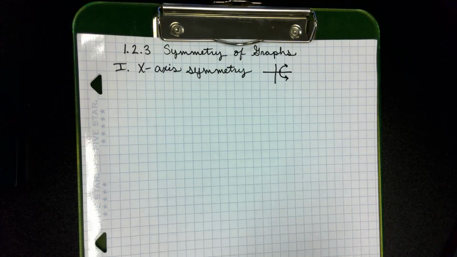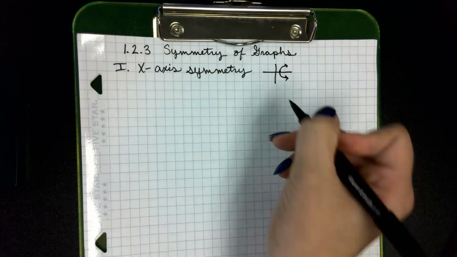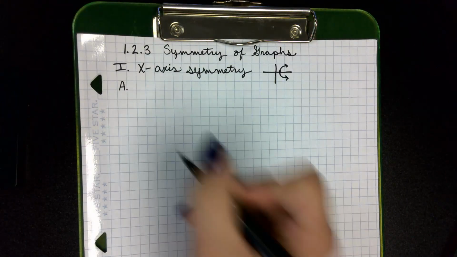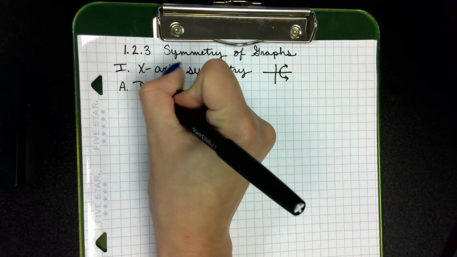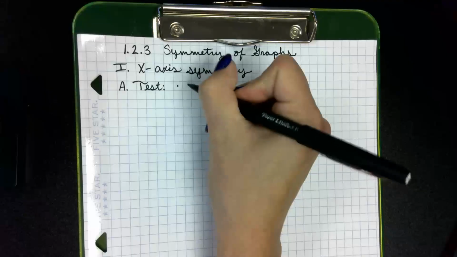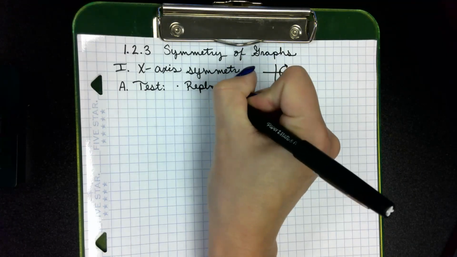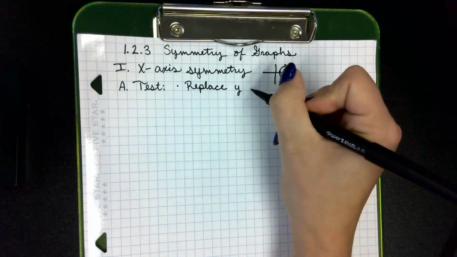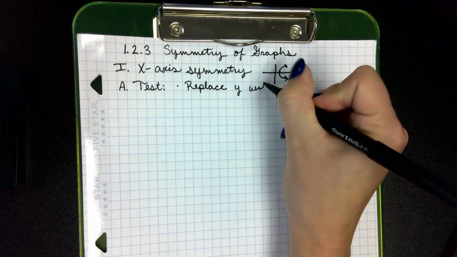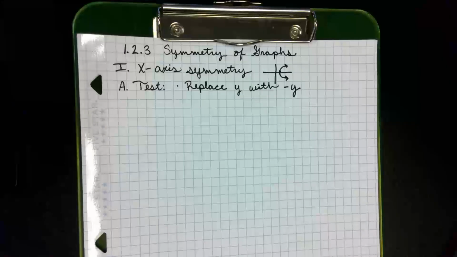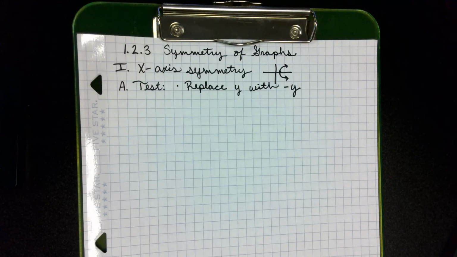To prove that, if you're given the function, to test it algebraically, the test is replace y with negative y. So when you test x-axis symmetry, the x stays the same and you change y.